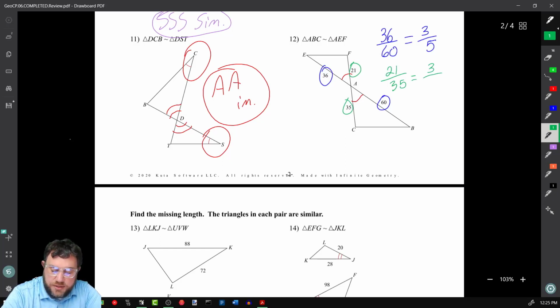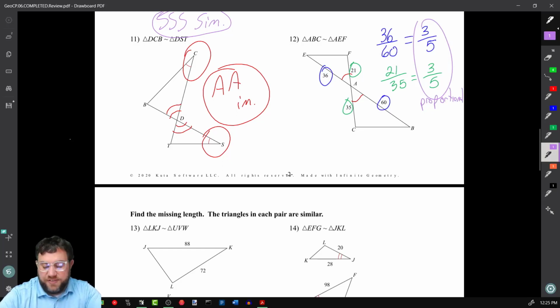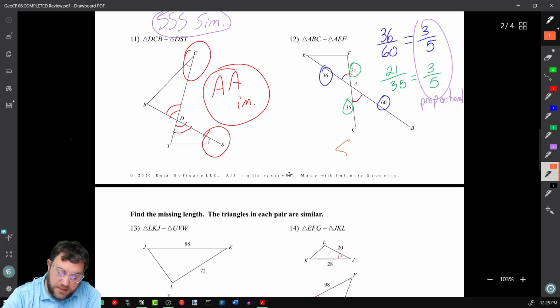And that is also going to reduce to 3/5. So that means that these are proportional, because their scale factor is the same. So we've got one pair of congruent angles, and we've got two pair of corresponding congruent sides. So this will be SAS similarity.